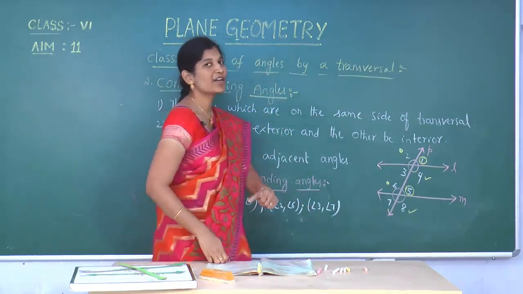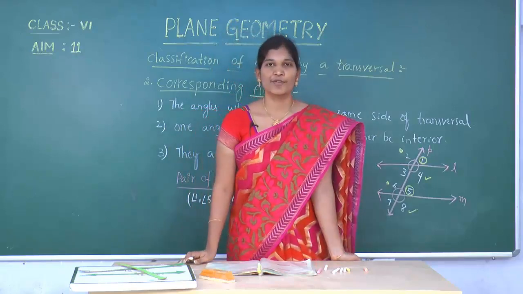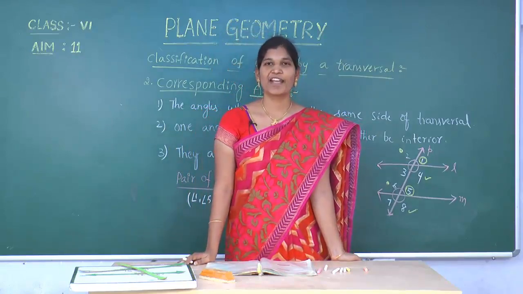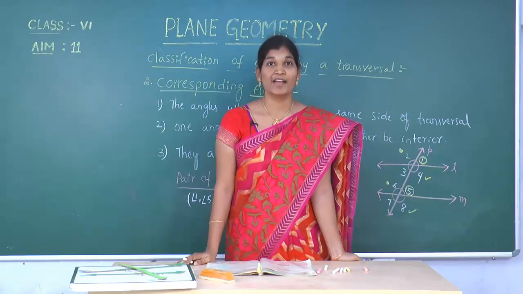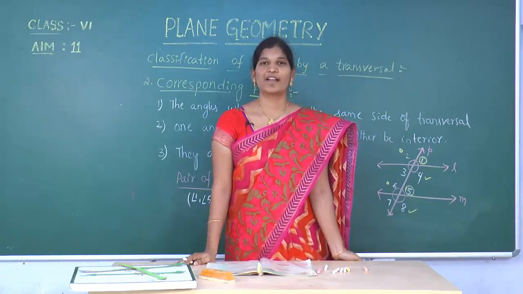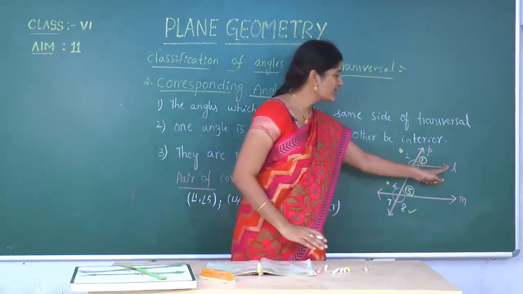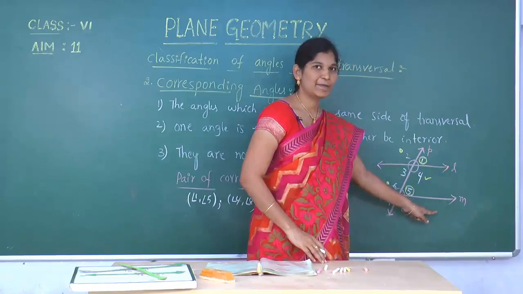And moreover, here one important thing you have to remember is that corresponding angles are equal. If the corresponding angles are equal, we can say these two lines are parallel.